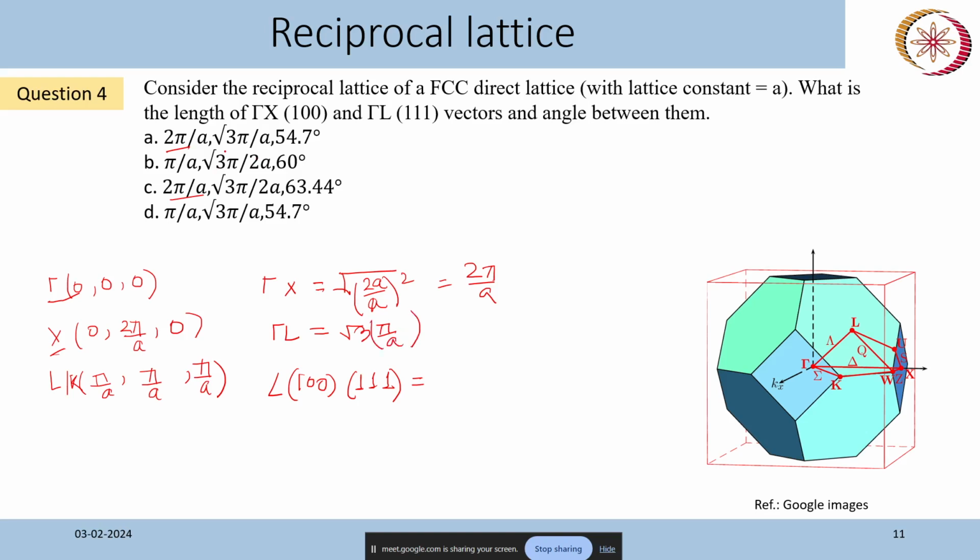Well, the answer is A, but let me calculate this also. The angle will be the dot product of these two vectors divided by, let's say this is A and this is B, so it will be A dot B by modulus of A times modulus of B. So this is 1 by, actually it is cos inverse, sorry.